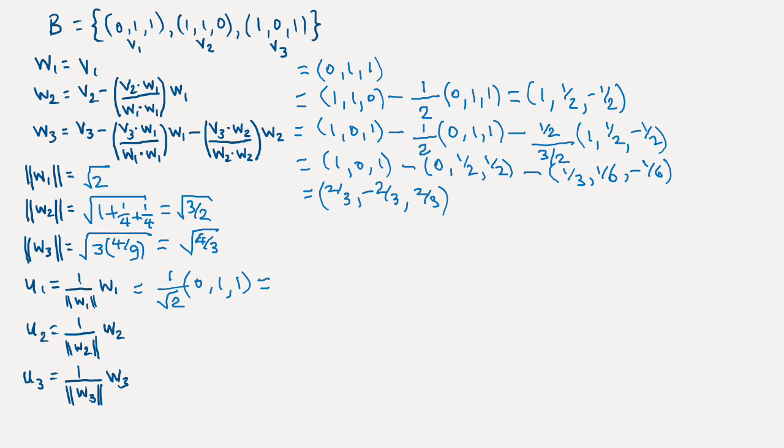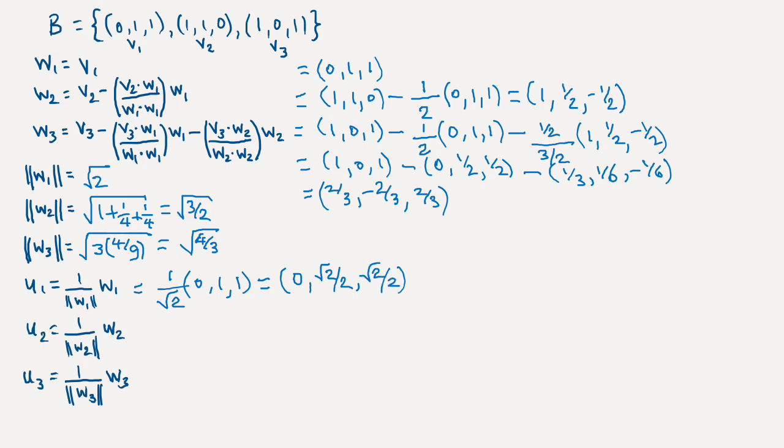So if I multiply through by root 2 over root 2, we'll have root 2 in the numerator and root 2 times root 2 in the denominator, which comes to 2, so we'll have root 2 over 2. So I'm going to write this vector as 0, root 2 over 2, and root 2 over 2.